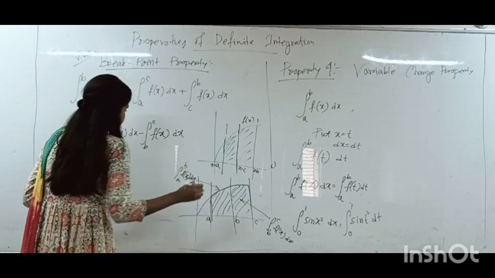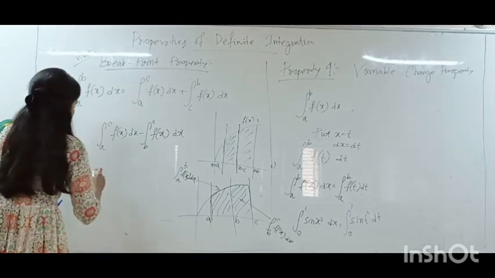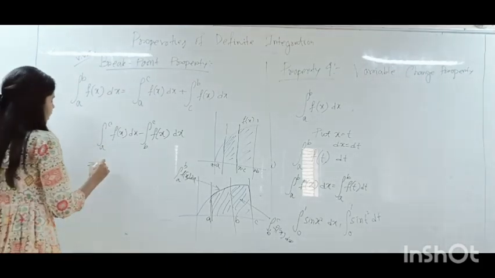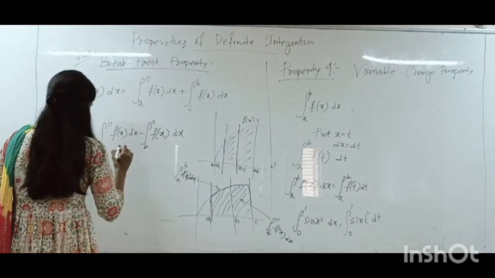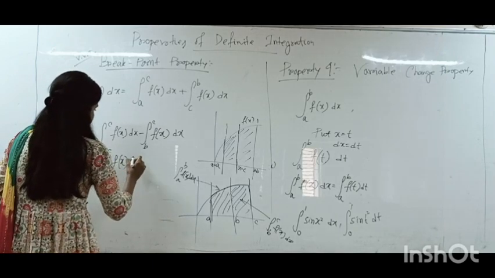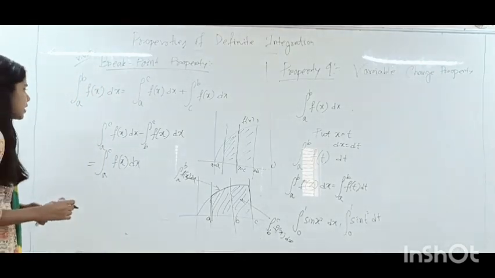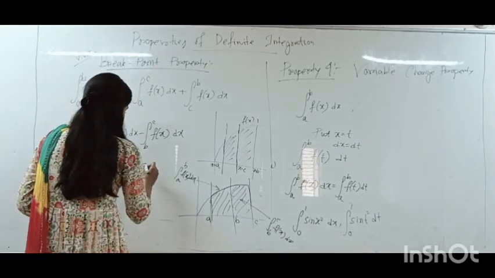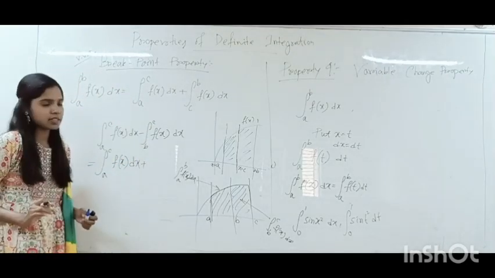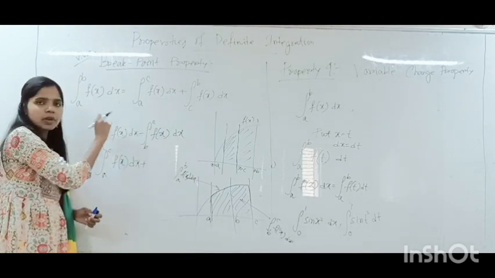Is it okay? Yes. Now we know the sign change property. So how do we use it here? We get a plus, and the limits are interchanged: the lower limit becomes the upper limit.